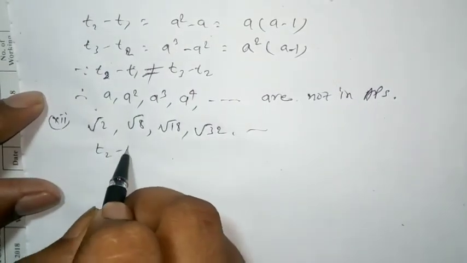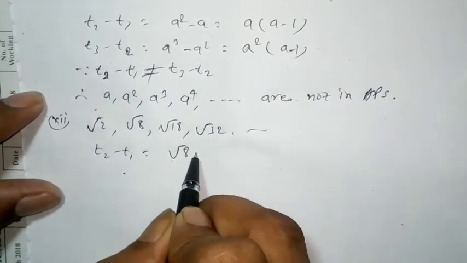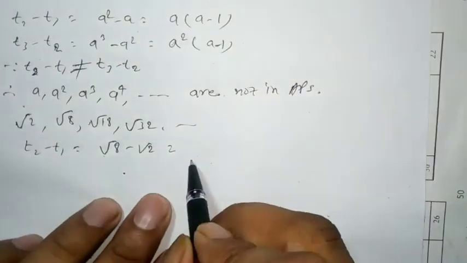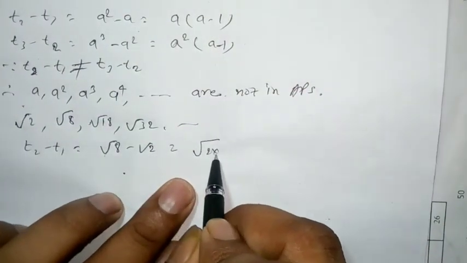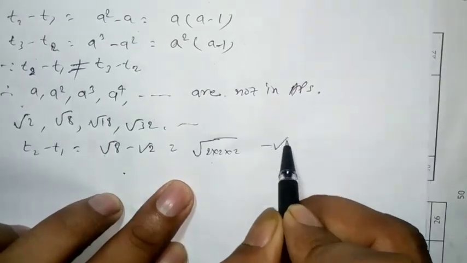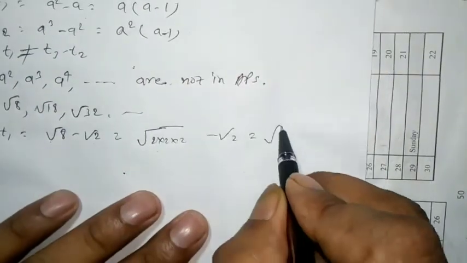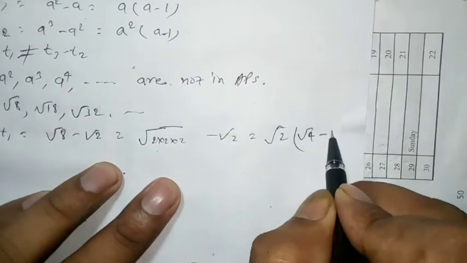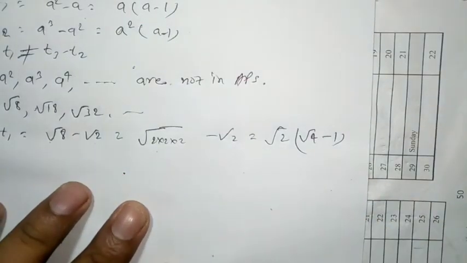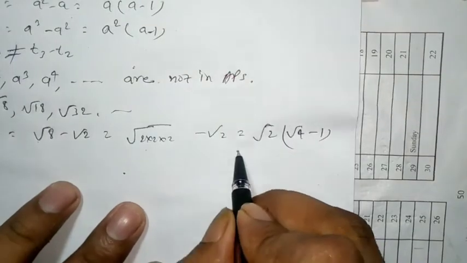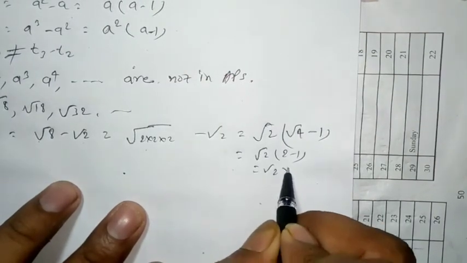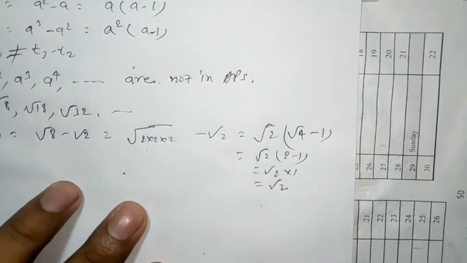Here t2 minus t1 is equal to root under 8 minus root under 2. Now you write 8 as 2 into 2 into 2, minus root 2, so root 2 is common, then root under 4 minus 1 is equal to root under 2 into 1 is equal to root under 2.